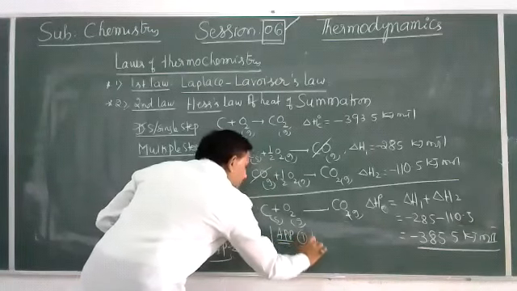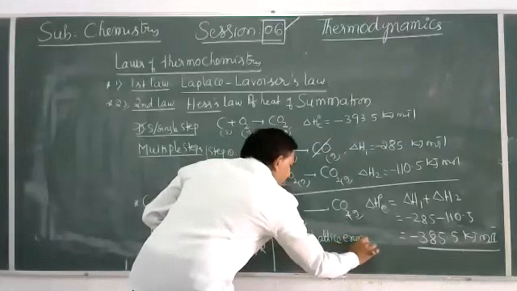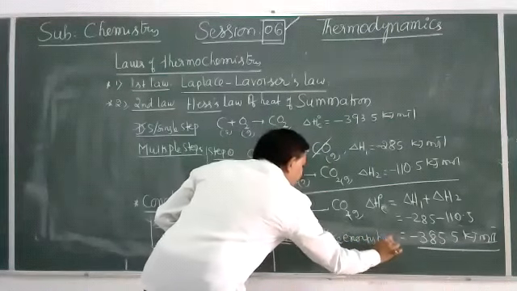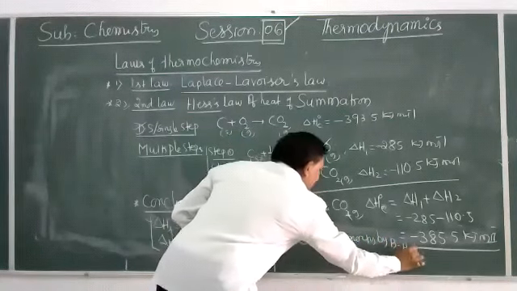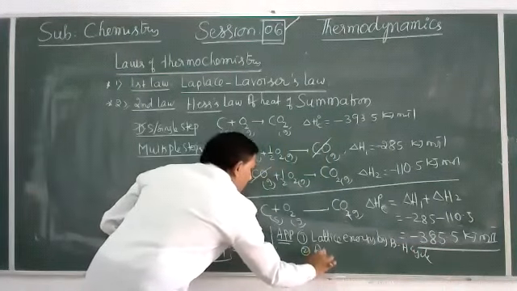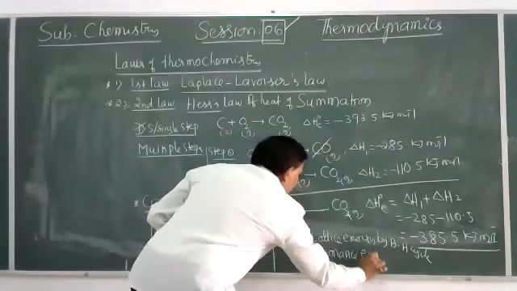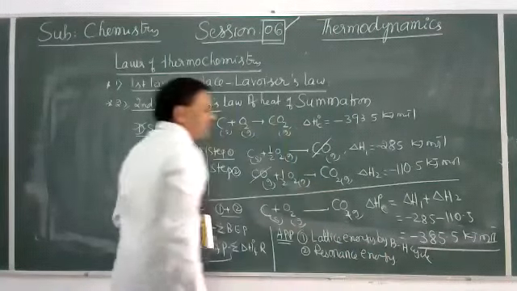We can calculate lattice energy by the Born-Haber cycle. Also, it is used to calculate the resonance energy of the molecular system.